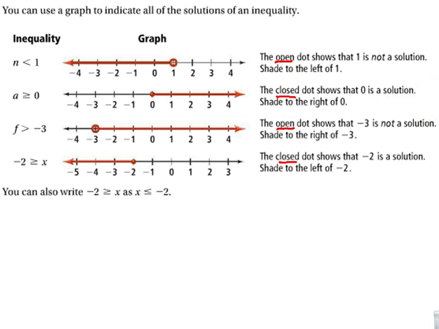Open circles, sorry, I should have changed the color to blue here. Open circle is when it's not a solution. Closed circle is when it is a solution. So when -2 makes the statement true, we need to fill it in. When -3 does not make the statement true, we make an open circle.